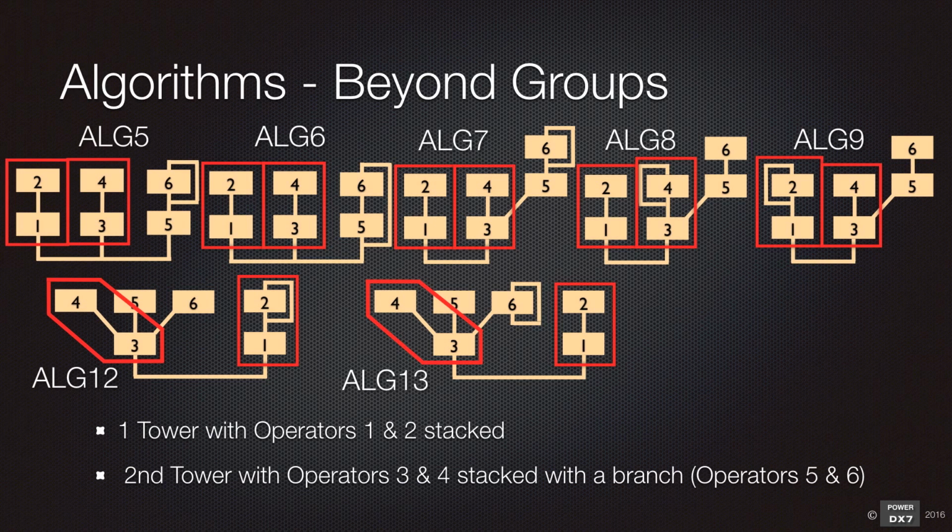This means that you can pack higher harmonics with 3 operator stacking of operators 3, 5, and 6. For algorithms 12 and 13, they have 2 towers. On their operator 3, there are 3 branches with operators 4, 5, and 6.